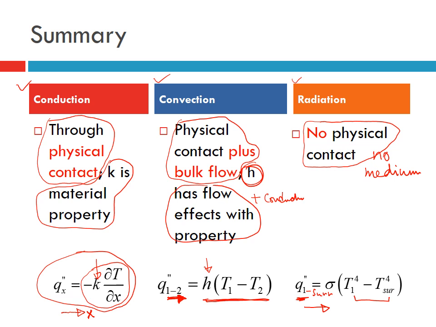Remember, we were missing a rate law that says how fast things are happening. The units for these fluxes are watts per meter squared, or joules per meter squared per second. So now we have a law that says at what rate heat is moving per unit area per unit time. So this is going to tell us how fast or how slow the process happens.